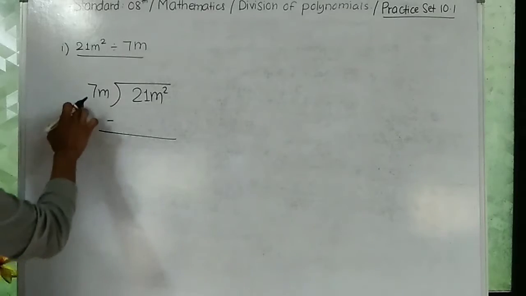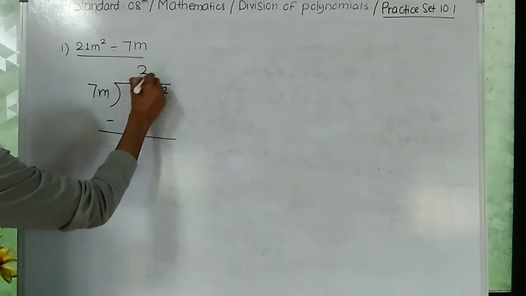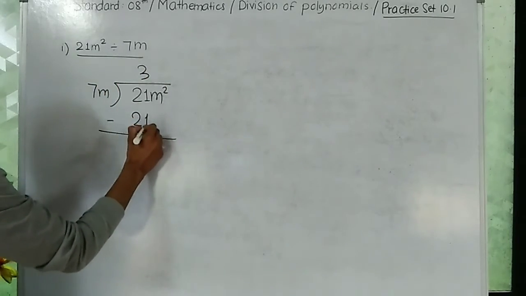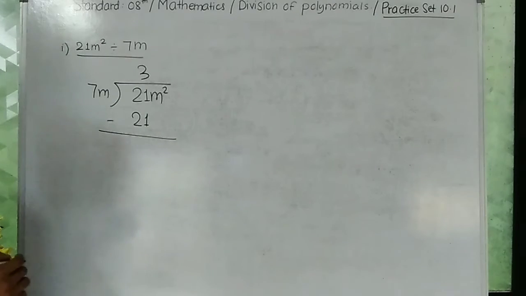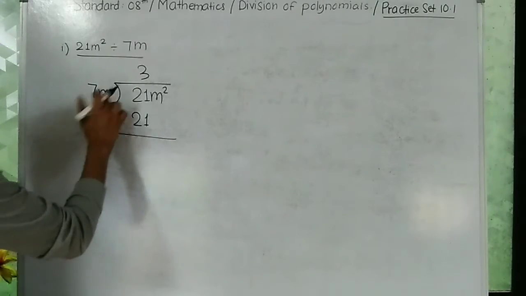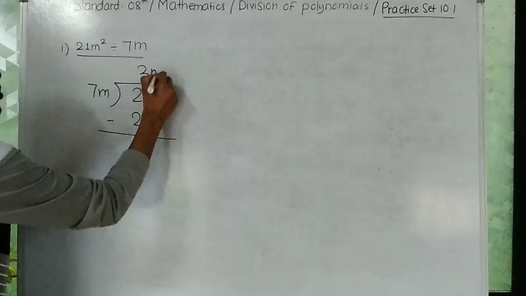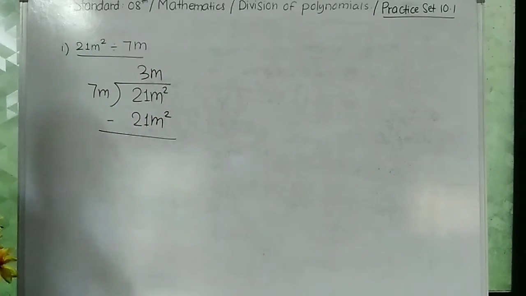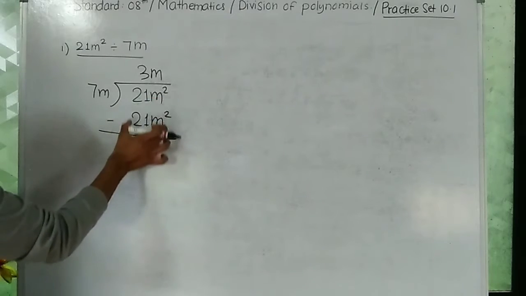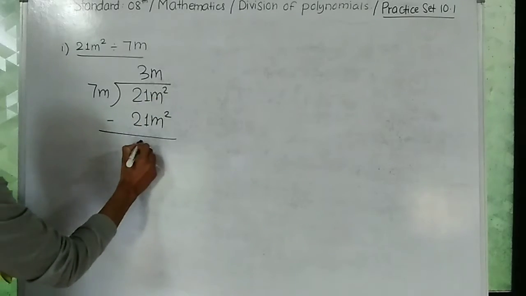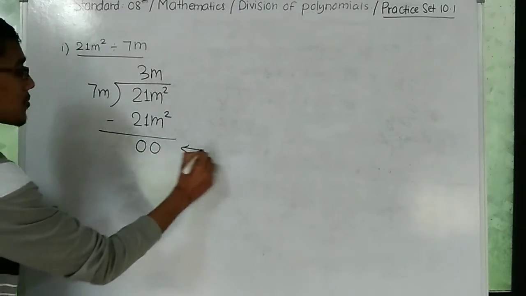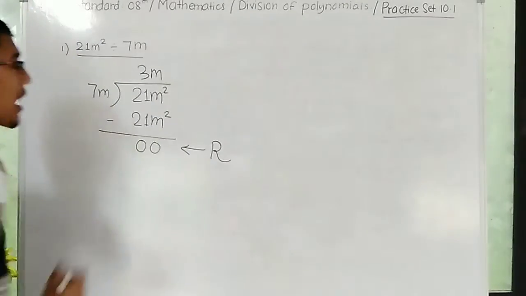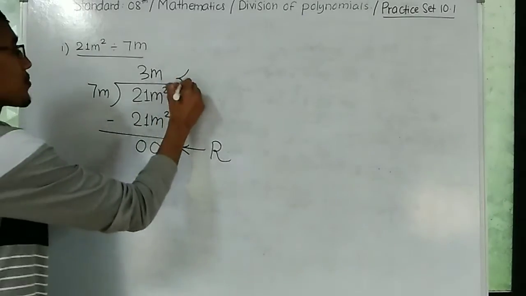So we know that 7 3s are 21, and if I multiply m by m, m into m is nothing but m square. So we get 21m square minus 21m square. The remainder becomes 0 and our quotient is 3m.